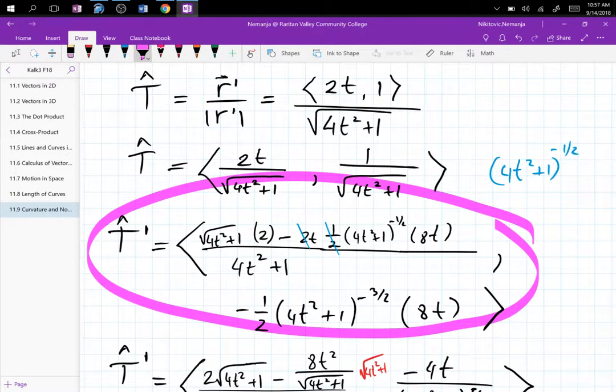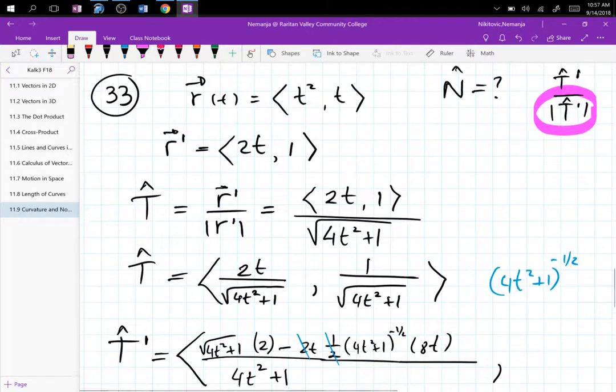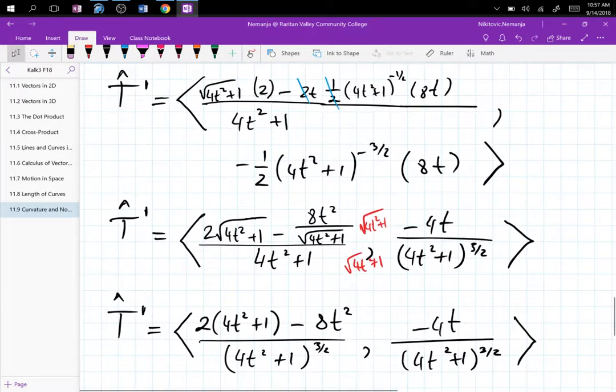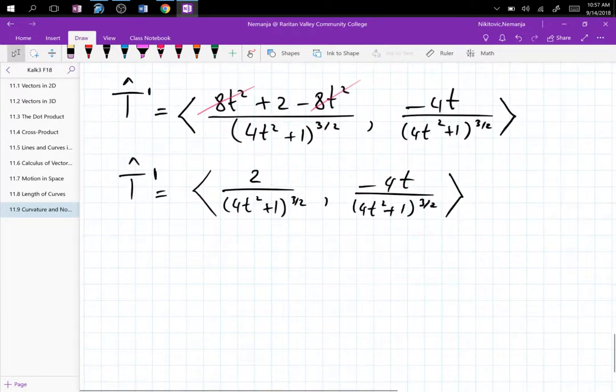So you have to grind through algebra to calculate the easiest possible form so that you can eventually calculate the formula. So now that we finally have our simplified version of T prime, we can square each of these and add them up under a square root to give you the denominator of the normal vector.